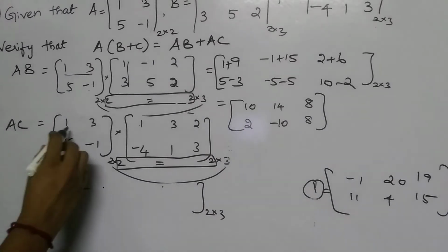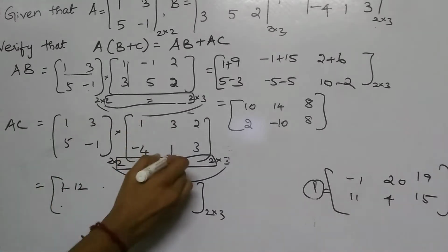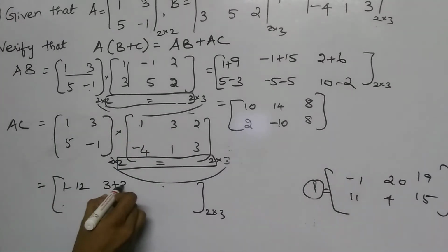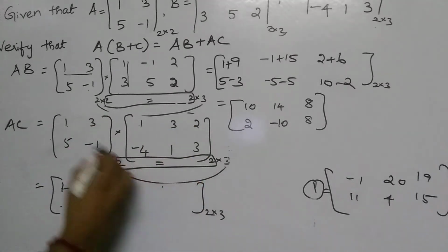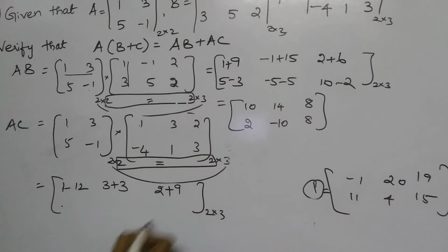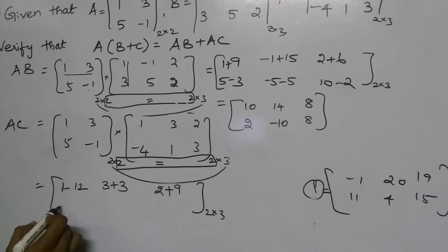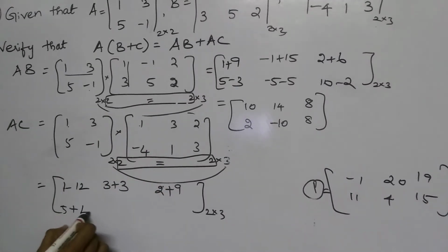Then 1 with the second column elements, 1 and 3, 3 and 1. So 3 plus 3. Then third column, last, 1 into 2, 3 into 3. Add it. Okay, the next one again 5, second row with first column. 5 plus 4.